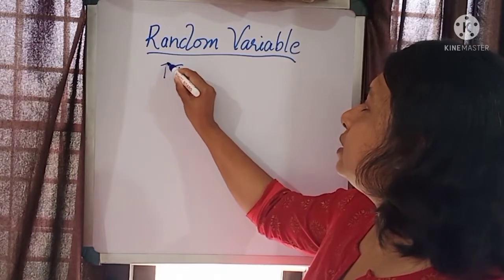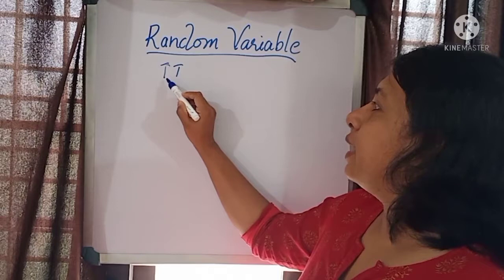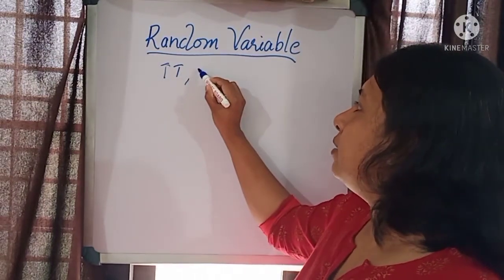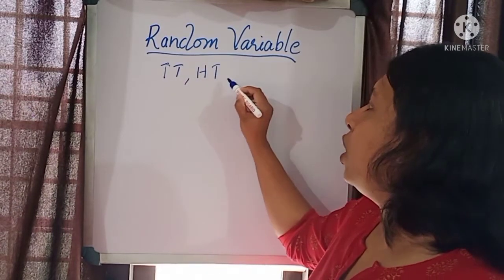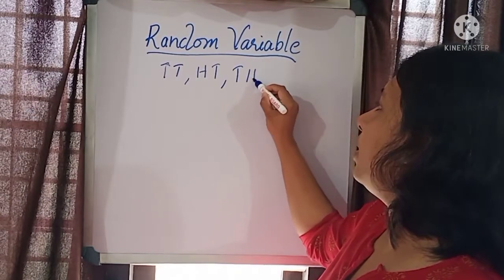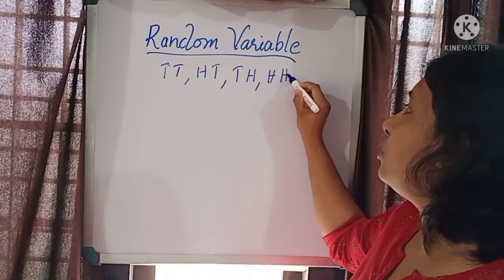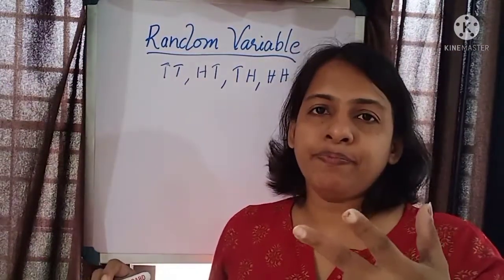When two coins are tossed, we will get two tails, or the first one head and the second one tail, or the first one tail and the second one head, or both may be head. So these are the four results when we toss two coins.